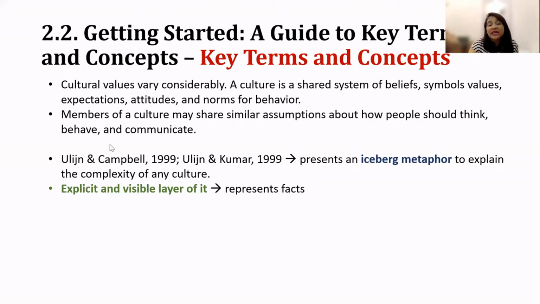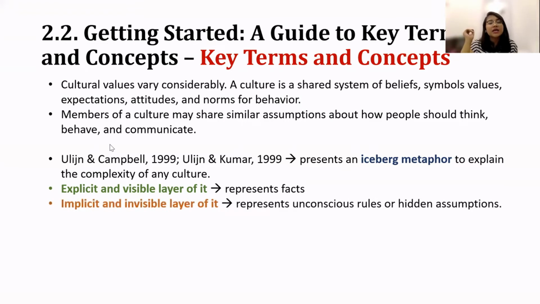So the visible layer is the explicit layer of the iceberg, and that represents facts, the facts about the culture. But the invisible layer, which is under the water, is the implicit layer, and that represents unconscious rules or hidden assumptions. That's why we call it hidden assumptions, because it's invisible. We cannot really see it visually, but it's there, right?